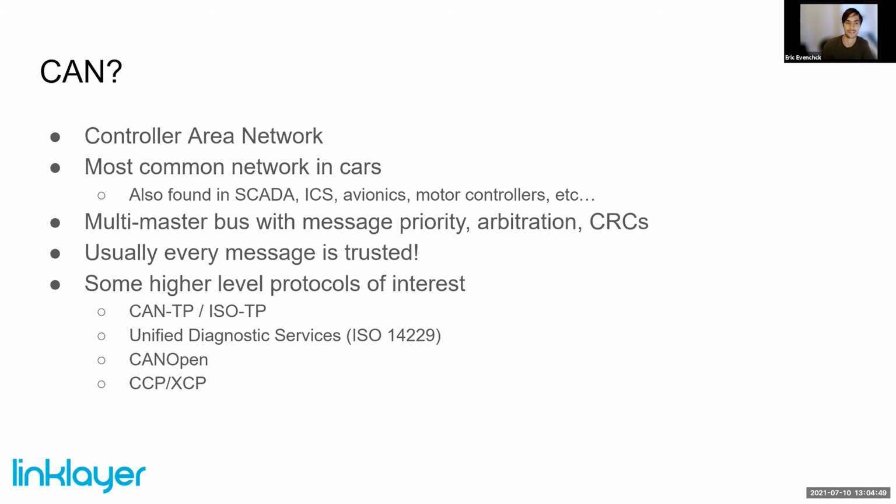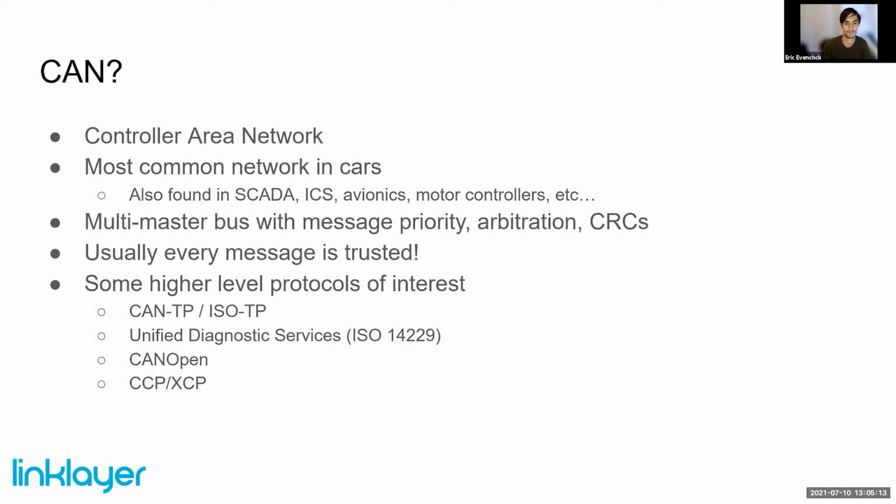This is actually pretty important for real-time systems or safety-critical systems, because if your engine controller fails, you don't want your brake controller to suddenly also fail. So having the ability to lose a single node is a pretty good feature. There are also other real-time relevant features like message priorities.